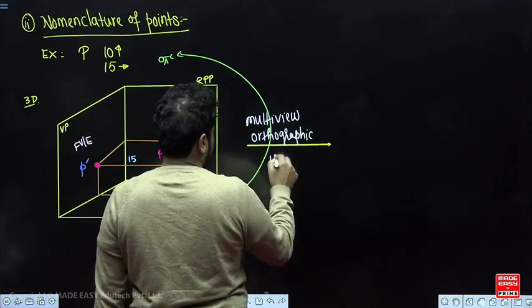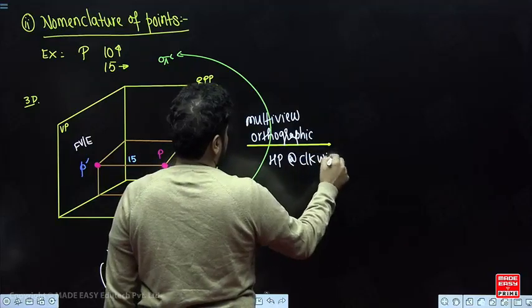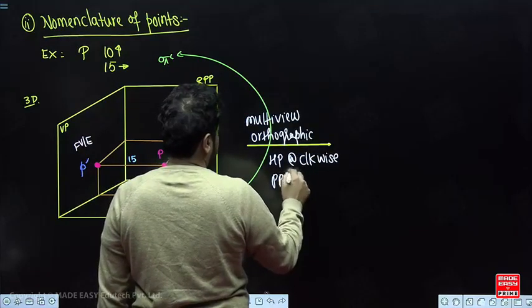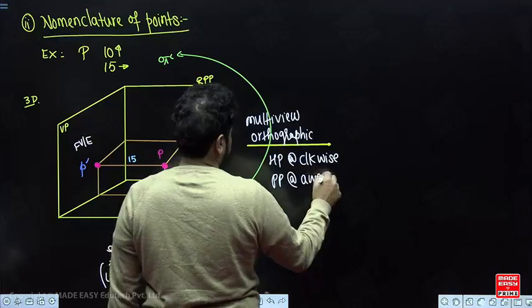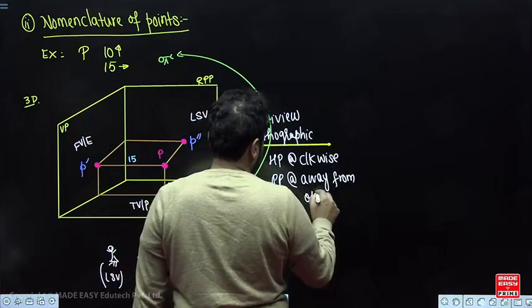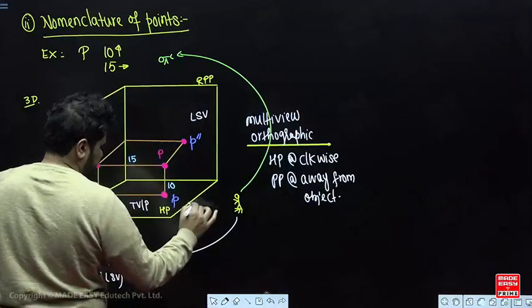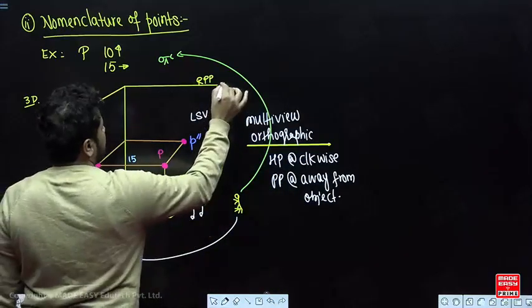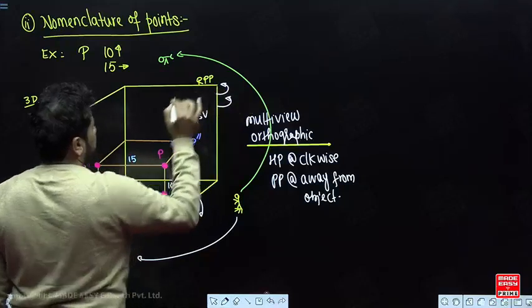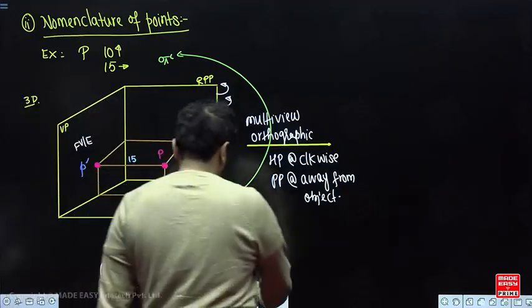I have to rotate HP in the clockwise direction and the profile plane away from the object, isn't it? This is the concept you learned in the last chapter. That means this HP has to be rotated in the clockwise direction and this profile plane will be rotated away from the object, correct? So what shape am I going to get?